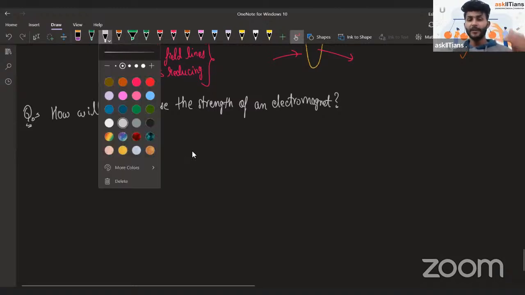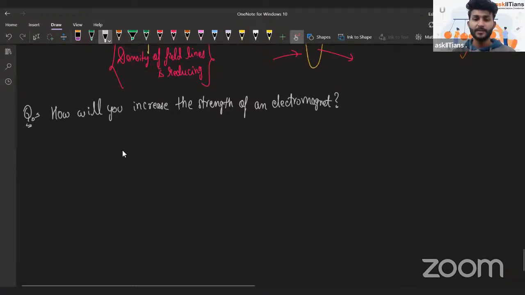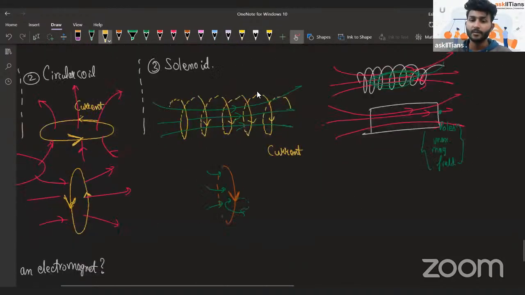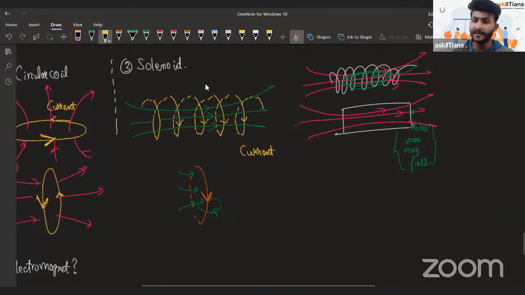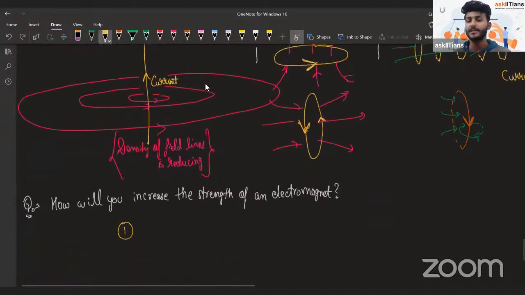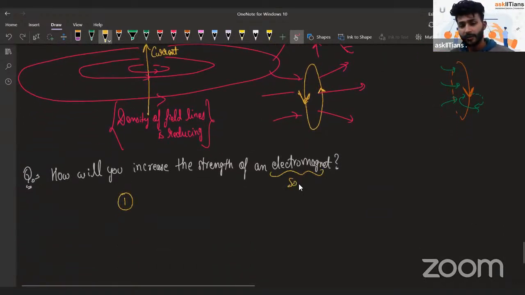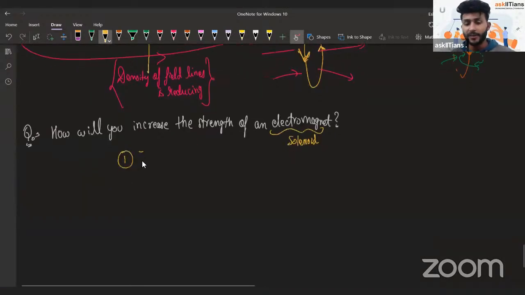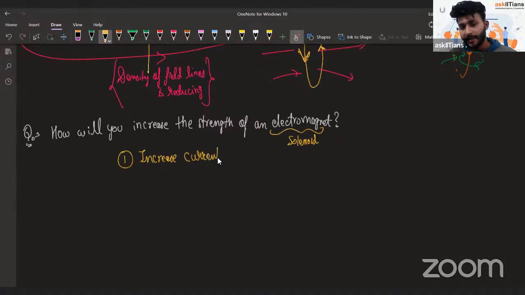So there will be 2-3 points in this. So yeah, you are telling me first one is, Aram says, increasing the current. What is an electromagnet? Electromagnet is nothing but this solenoid only. This solenoid with some current passing creates a magnetic field. This is the electromagnet solenoid. So first suggestion that he gives is we should increase the current in this. Yeah, if you increase the current, it becomes a stronger magnet.